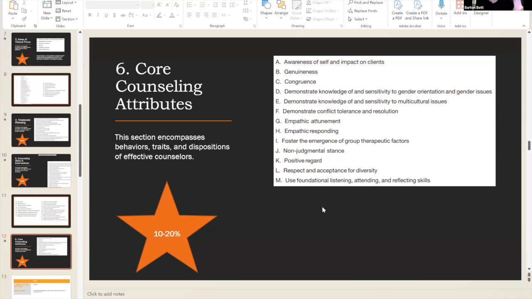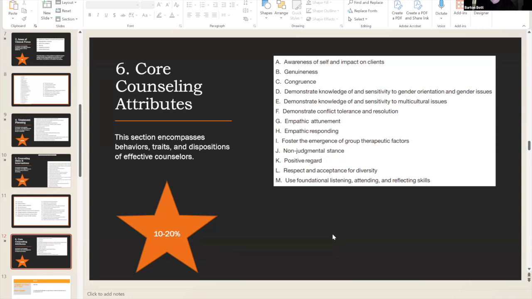If you didn't know I was talking about something specifically different than a theory, you might think I was describing person-centered therapy. But remember, the key thing here is that when you use empathy, when you are congruent, those are skills all counselors should have, regardless of their theory.